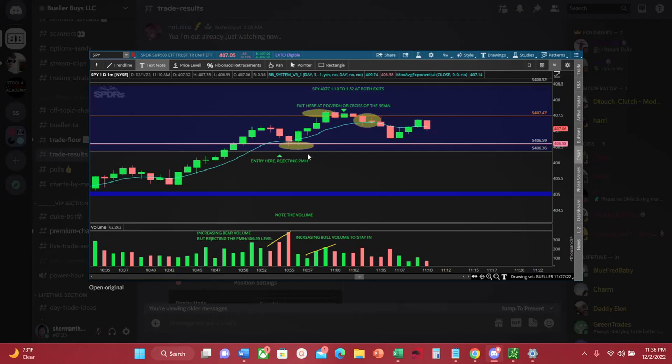Personally, if I had that much, I would keep my stop loss around that area. You could also keep it around here. It's like a nice resistance, the 406 even. But you see, we're dealing with parameters that are pretty tight. 406.59 to 407.57. It's about a $1 range.